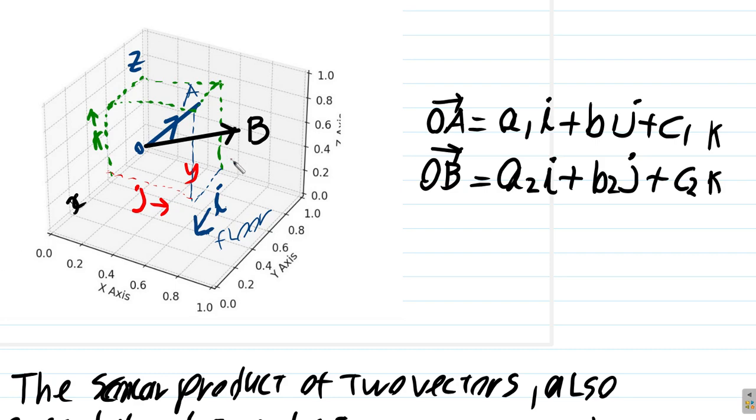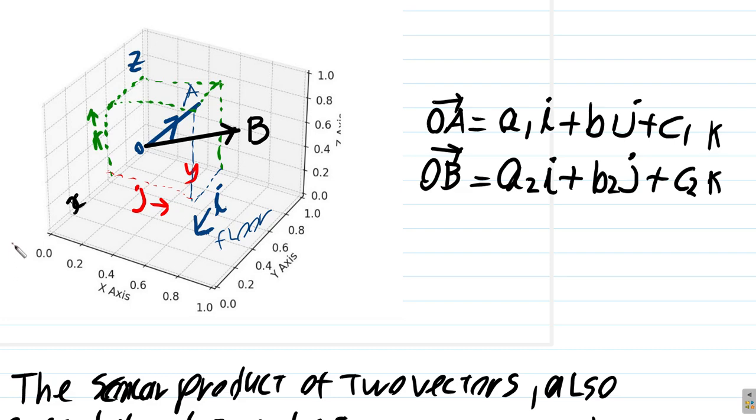Alright, so we're going I, J, K. If we start from the origin, go in the x direction where I is pointing, then in the y direction where J is pointing, then the portion of the vector OB that's pointing upwards in the z direction where the K is pointing, we would touch the end right here of B. See that?